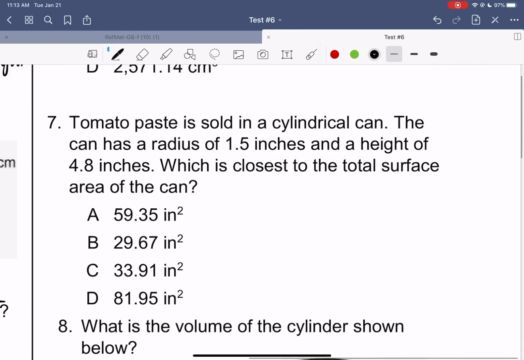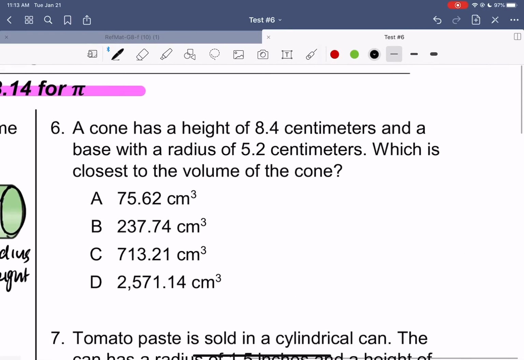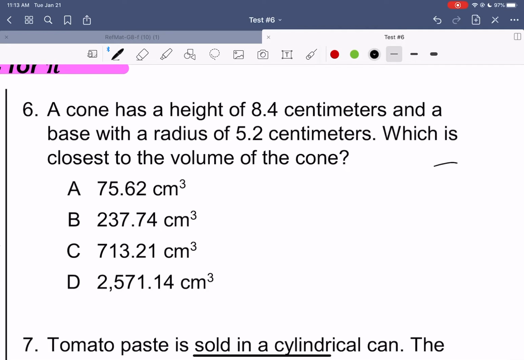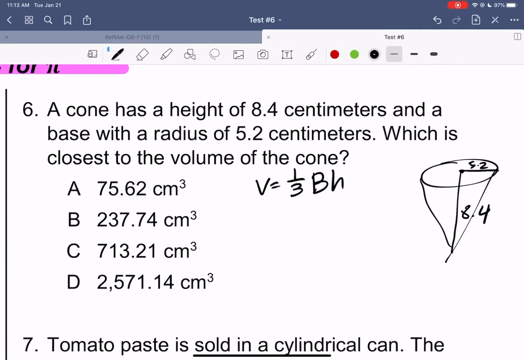Okay, going to number 6, we have a cone with a height of 8.4 and a radius of 5.2. So V equals 1/3 area of the base times the height. Once again, B equals area of base.